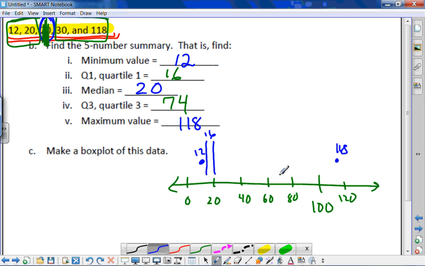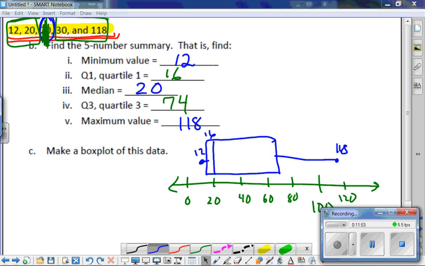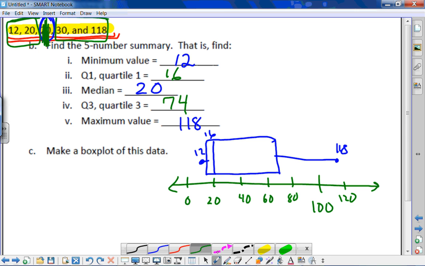Quartile 3 is 74. Those 3 parts give us our box. Max and min give us the whiskers. Don't forget to label the axis. Any graph should have some kind of a label. All right, and we're done with that one.